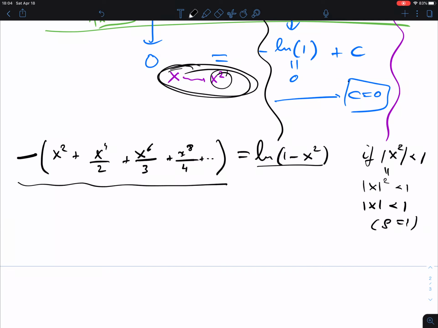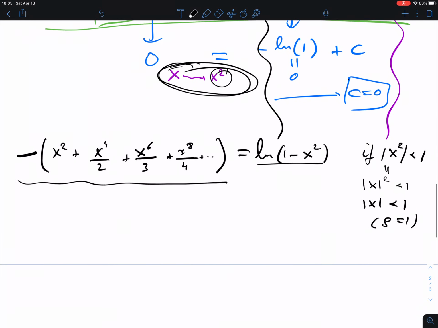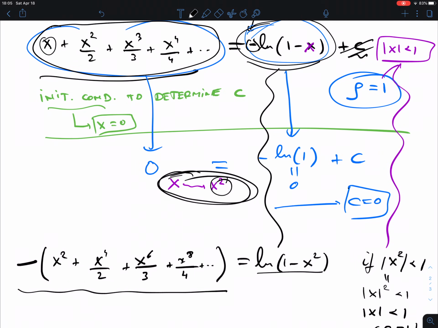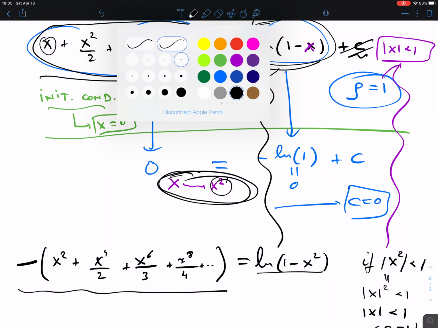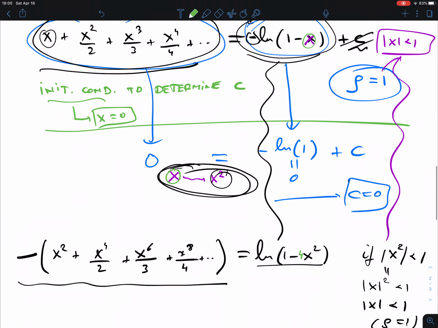But it could change, right? So let me do another example. I'm not going to work it out, but ask yourselves, I'll do it very quickly in a different color. Suppose I don't want x squared, but I want 4x squared. Well, why not? So instead of replacing this x by x squared, I should replace it by 4x squared.